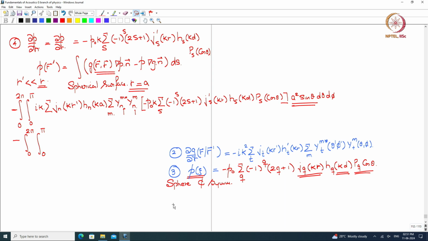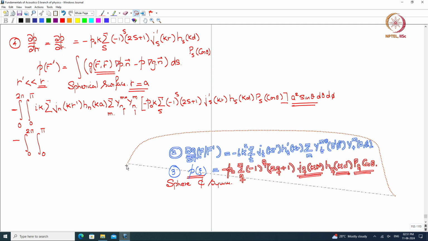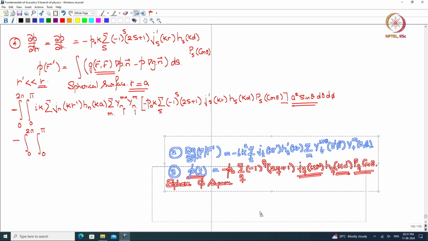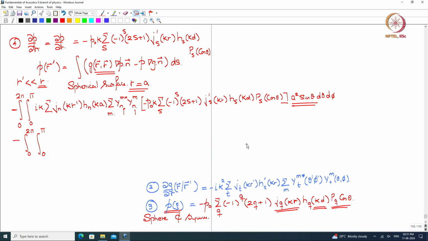Okay, so we have both P del G del N over here. So let me bring it down first. I will copy. Okay. So del G del R looks like what? Minus ik square. Let me copy this.